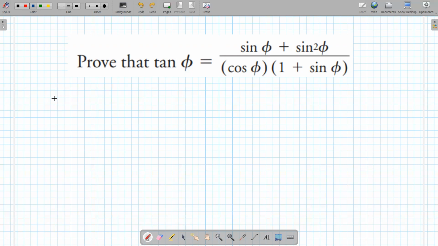Look at the numerator. Can we pull anything out? Do they have anything in common in the numerator? Sine. Yeah, you can pull out a sine, right? Let's see if we can do that. So I'll pull out a sine. What am I left with?